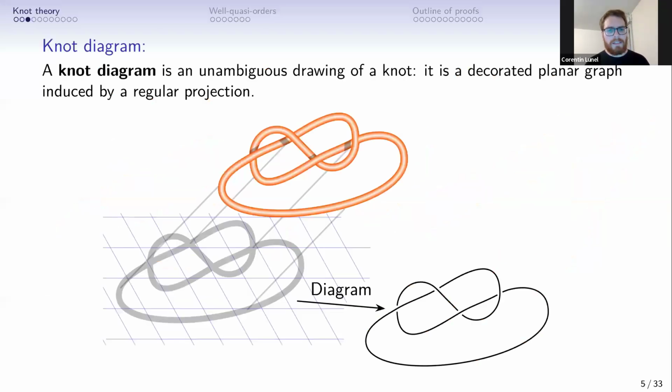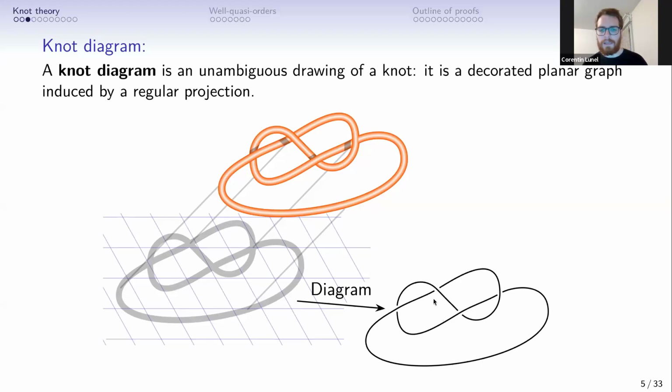And they have another advantage. They admit knot diagrams. A knot diagram is an unambiguous drawing of a knot. Whenever you have a tame knot, which admits a polygonal embedding, even though here the knot is not polygonal, you can find some direction of projection so that you can draw it, and each point has at most 2 pre-images.